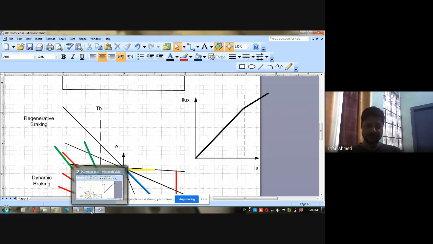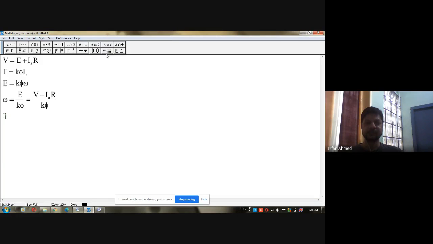In that case, we can say that the flux is proportional to the armature current, or flux is some constant A multiplied by the armature current. Correct? Yes or no?